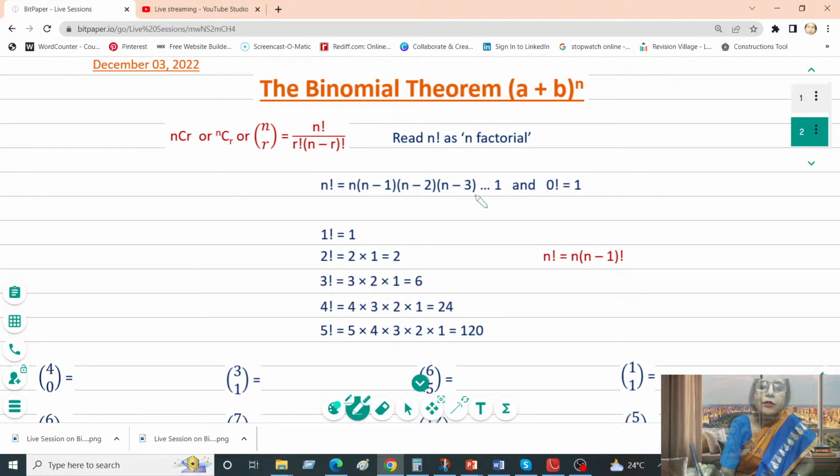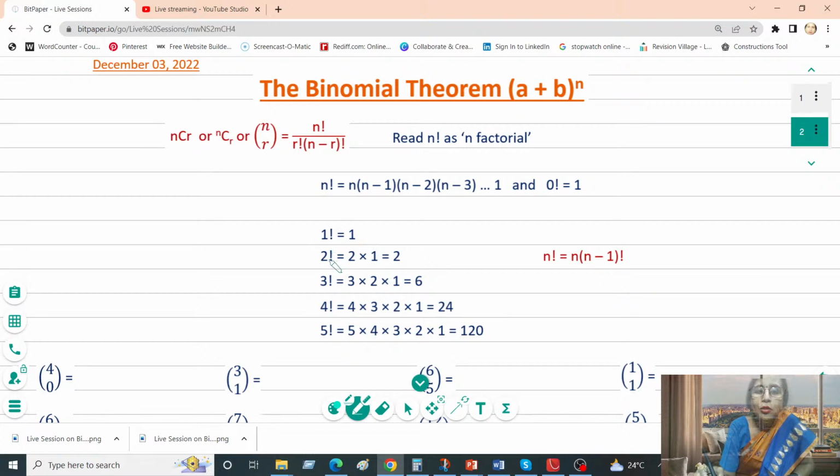If you have to get the value of 1 factorial, n is equal to 1, you start with the value of n and stop when you reach 1. Over here n is equal to 1, so you stop right there. Therefore, 1 factorial is equal to 1.